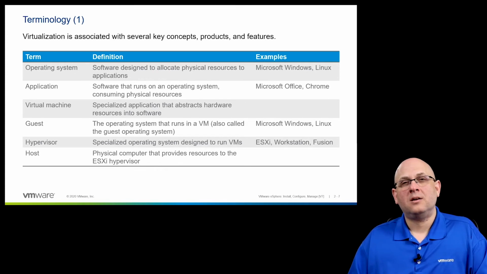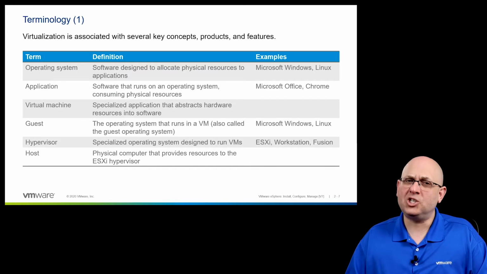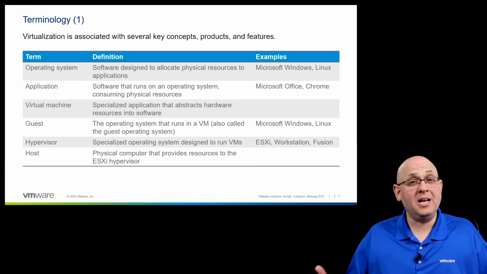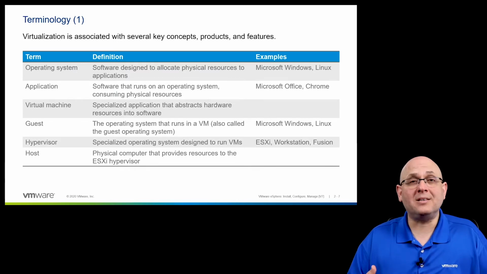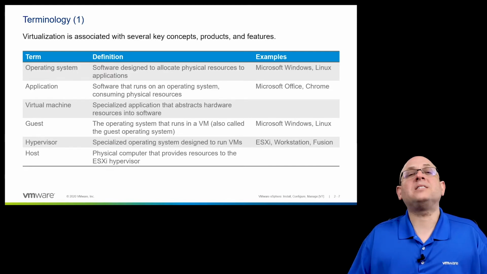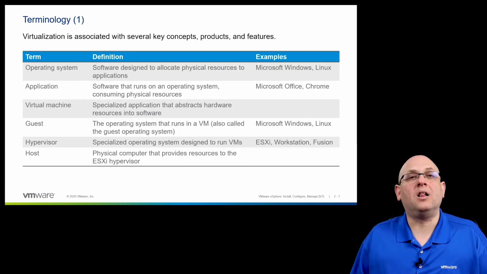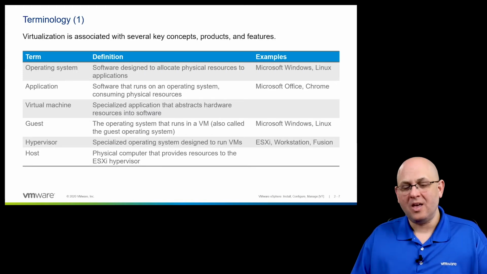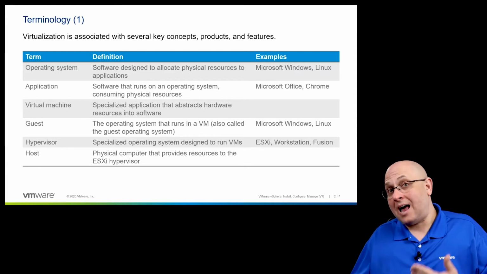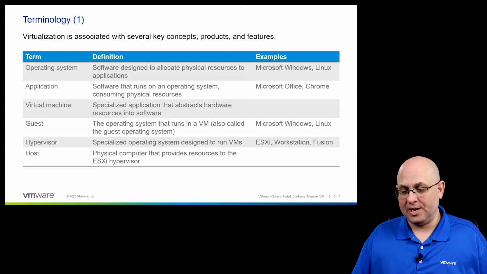Well, what kind of operating system runs a virtual machine? If a virtual machine is an application, it needs some sort of operating system to allocate physical resources to it. Well, that's a specialized type of operating system that we call a hypervisor. Okay? And the hypervisor is that operating system that is designed to do nothing but run virtual machines.